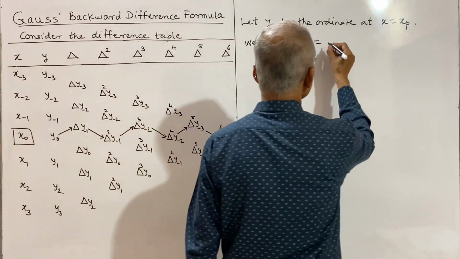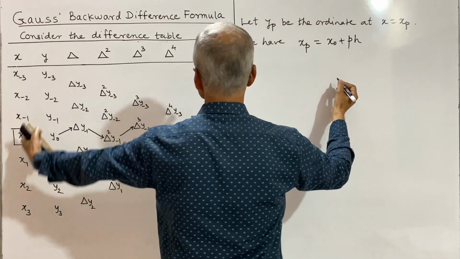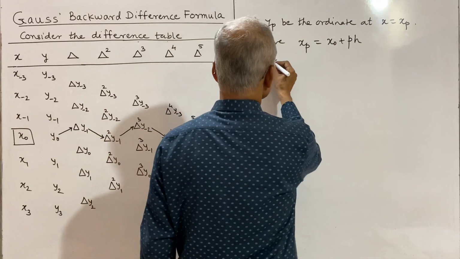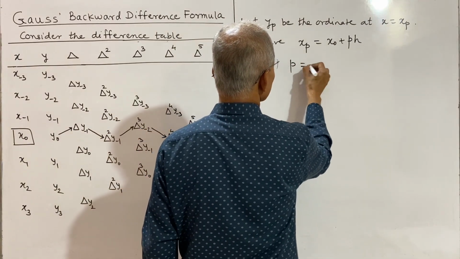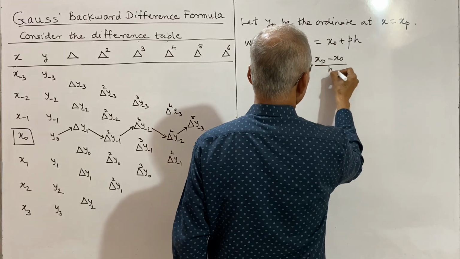Xp is equal to x naught plus ph, where h is the difference between the values of x which are equally spaced, and therefore this gives the expression for p as xp minus x naught divided by h.